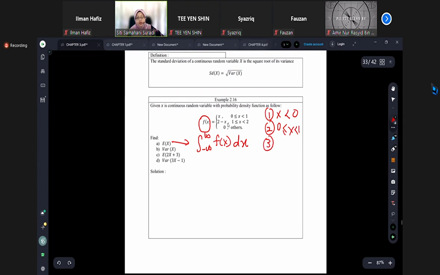Third, you need to find x between 1 and 2. Fourth, x more than 2. Get it? You must find all these probabilities, just how to find the probability from this range of functions. Okay.